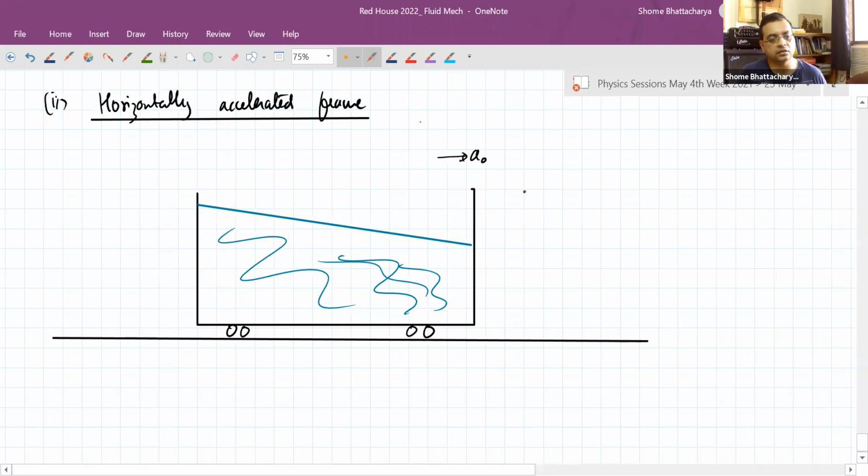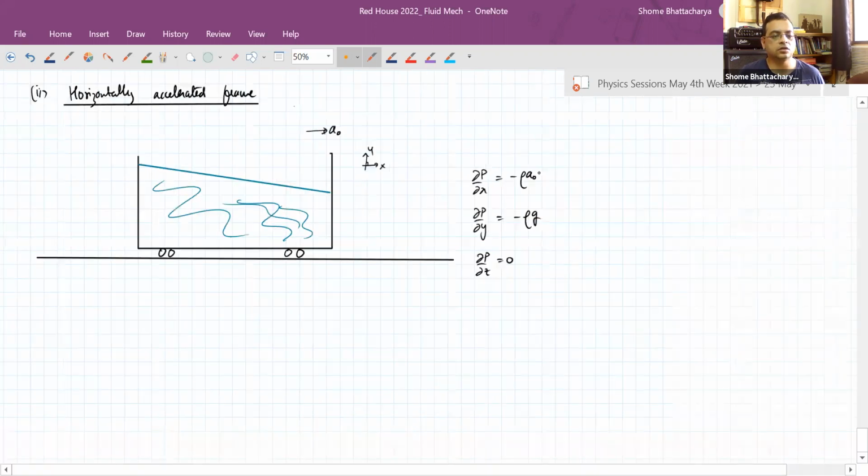So here, if we take the horizontal axis along which the acceleration is happening as our x-axis, we'll see that there'll be a horizontal pressure gradient along that axis of minus rho a naught. There'll be a vertical pressure gradient of minus rho g. But of course, the z component of the gradient will be 0 because there is no pseudo force along the z-axis.